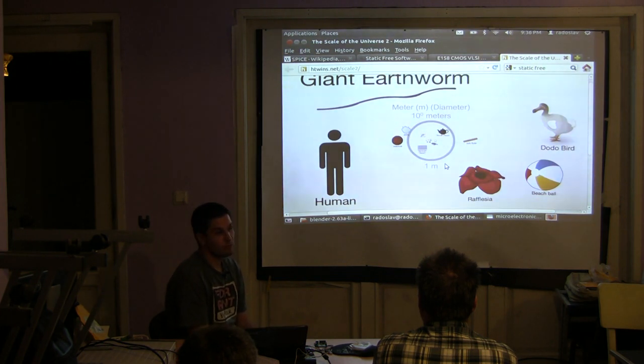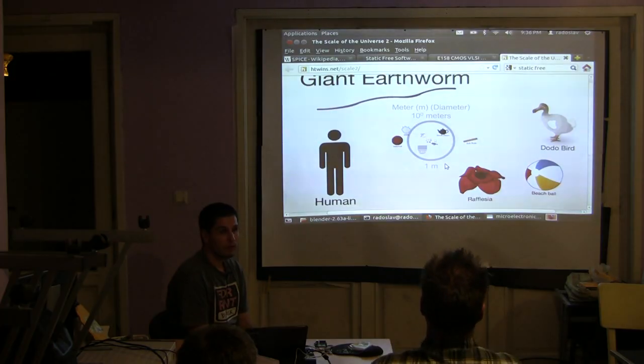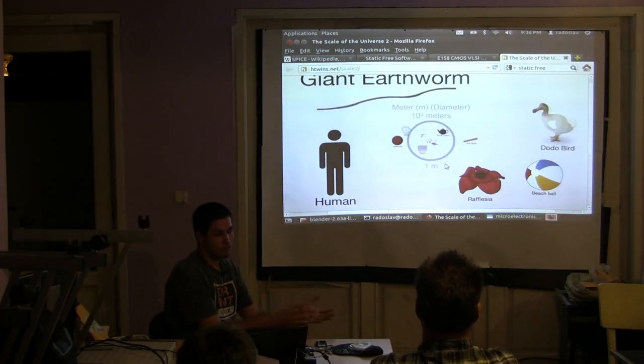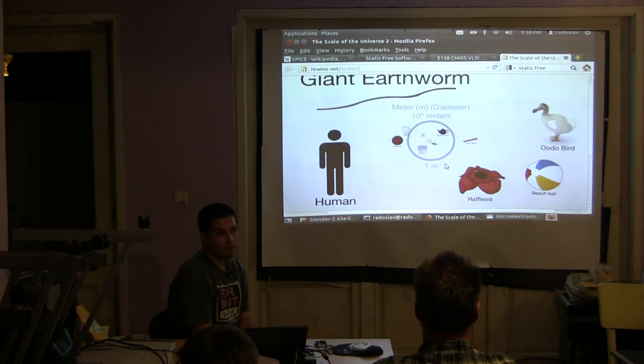For example, I'll give you an example. A 1 micrometer transistor, I mean the gate of the transistor, is it big or is it small? It depends on the point of view.